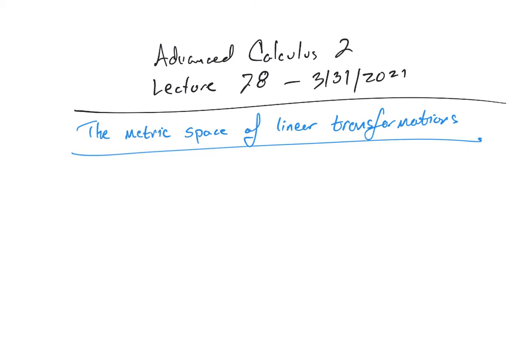Now, you should have seen in linear algebra that if you get two vector spaces, then actually the linear transformations between them are themselves a vector space. Okay, and if you didn't see that in linear algebra, you saw it a few lectures ago in this class.